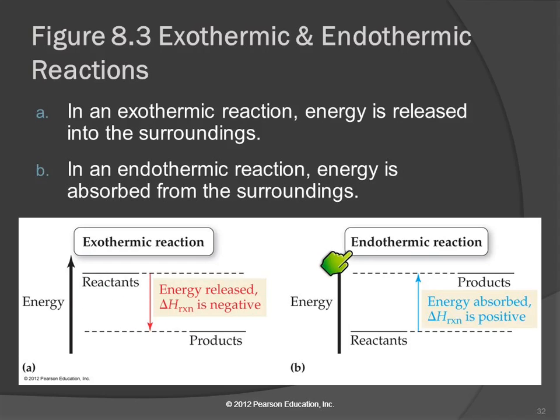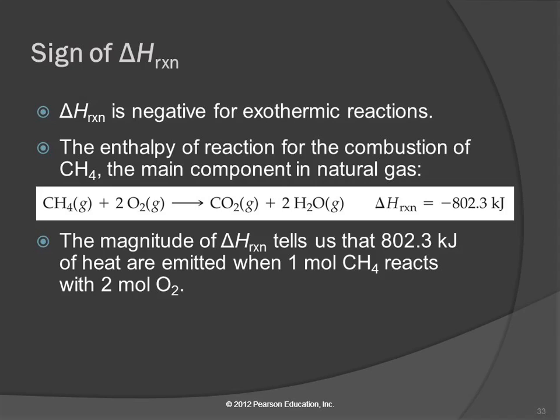In an endothermic reaction, it's the opposite. The reactants were at low energy, and energy came into the system, and now the products have higher energy. So heat of reaction, delta H of reaction, is negative for exothermic reactions.